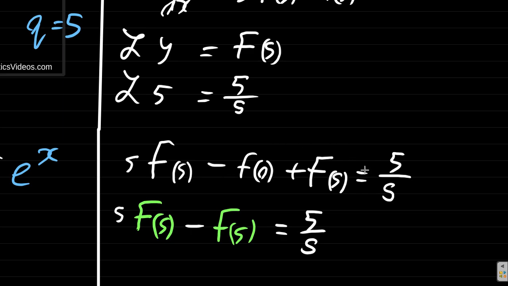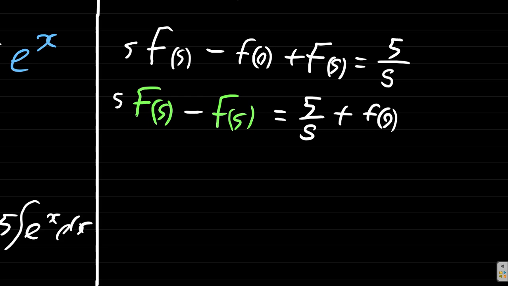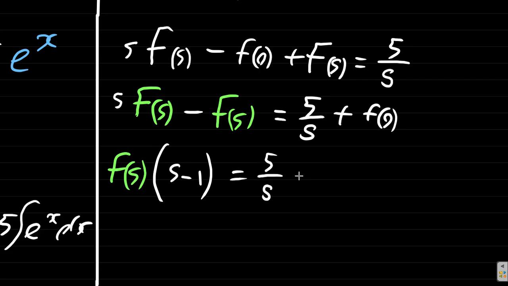If you add f of 0 to both sides, you say plus f of 0, alright? And then what you want to do is factor out big F of s. So you have big F of s, then this would be s minus 1 inside the bracket, equals 5 over s plus f of 0.